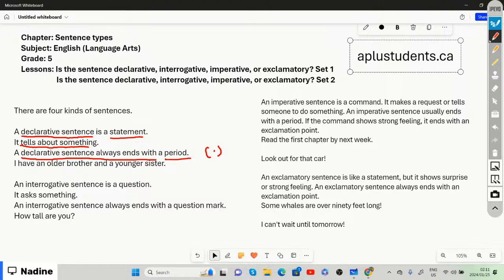If somebody says that I have an older brother and a sibling, it depends on the next person if they want to respond, but there's no need to respond. It doesn't require a response. It's like me just getting it off my chest that I have an older brother and a younger sister.